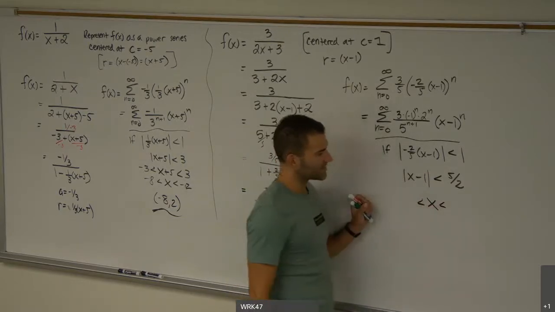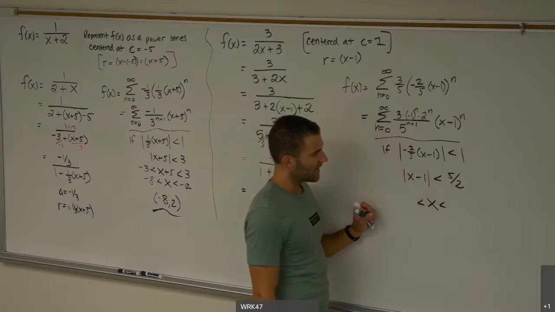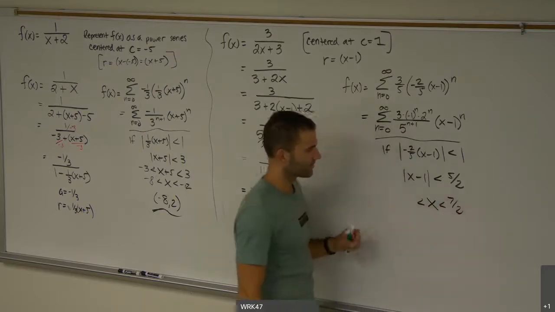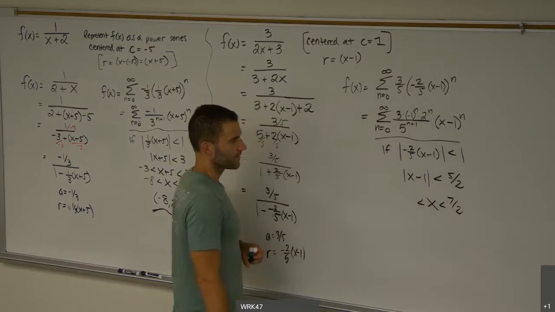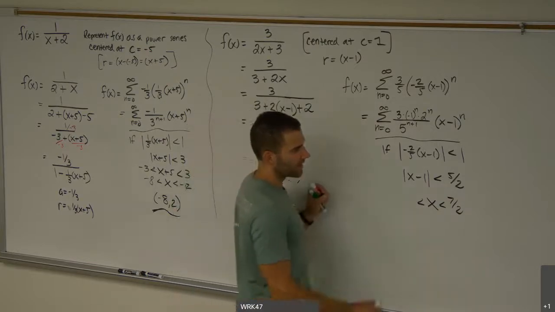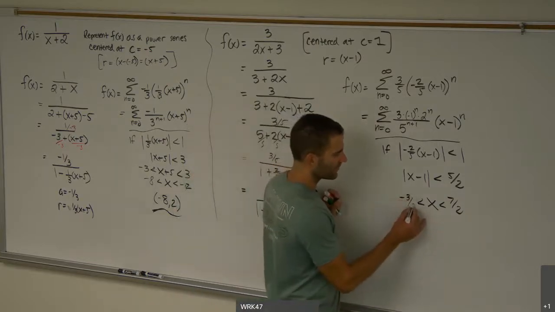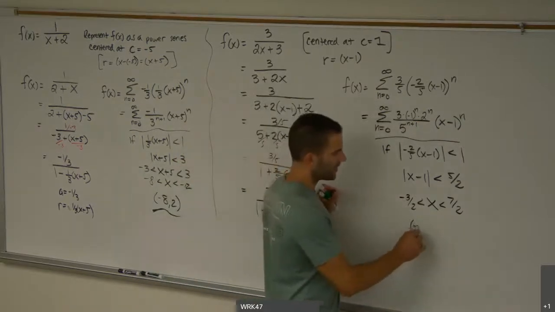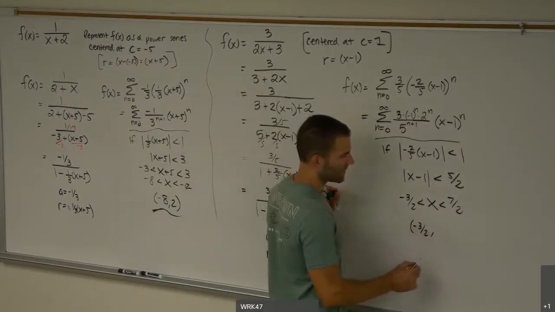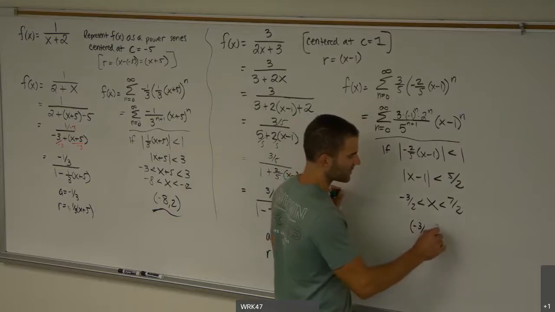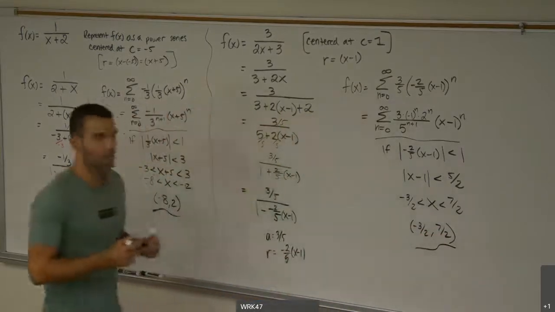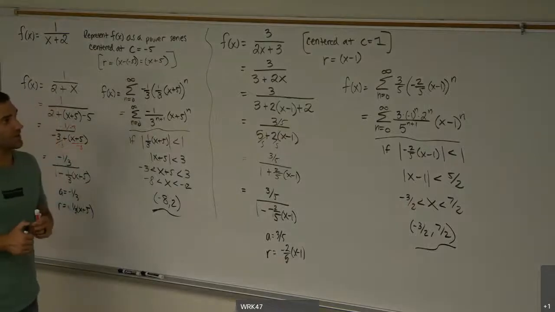If I think of this as a two-sided inequality, I get 5/2 plus 1, so 7/2, and negative 5/2 plus 1, so negative 3/2. So my interval would be negative 1.5, or negative 3/2, to 3.5, or 7/2. So that's the interval on which this is a good representation.